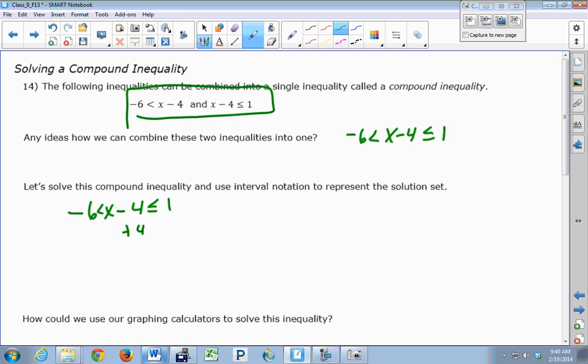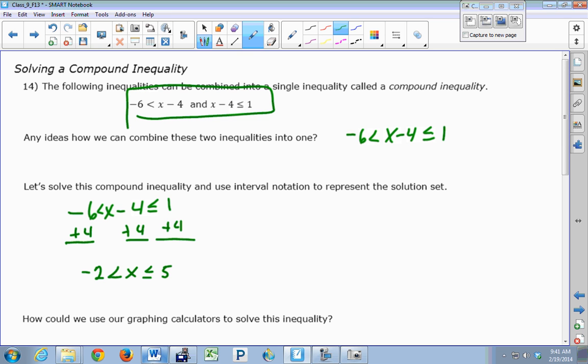You could add 4 to both sides. You don't have to worry about changing any direction because you're adding. So we get -2 is less than x, which is less than 5. So I just added 4 to both sides of that inequality.